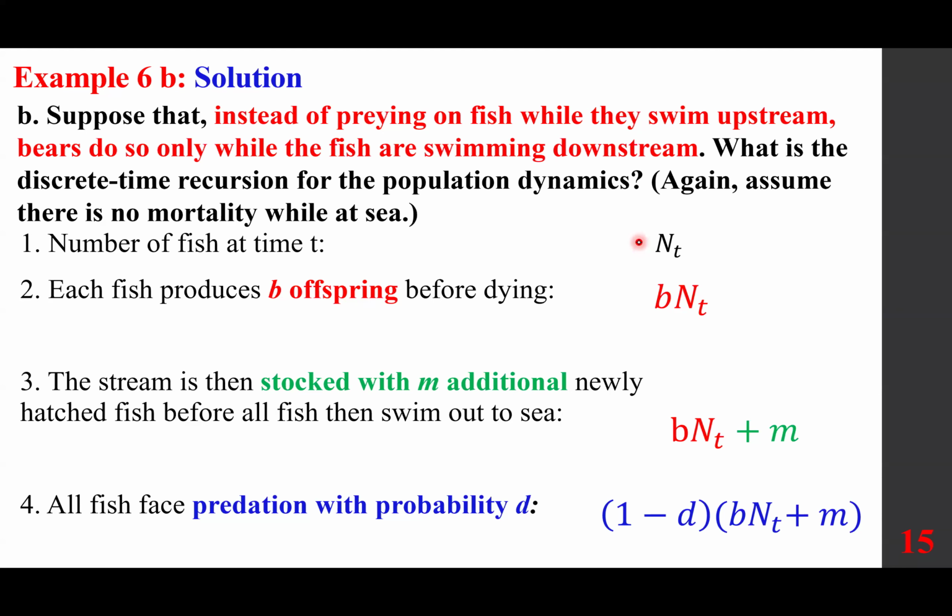This many. They get up there, they give us B offspring and they die, so they get multiplied by B. They're coming down, we add M fish. And the last step is dealing with the bears. This is the percentage that will be taken out by bears.